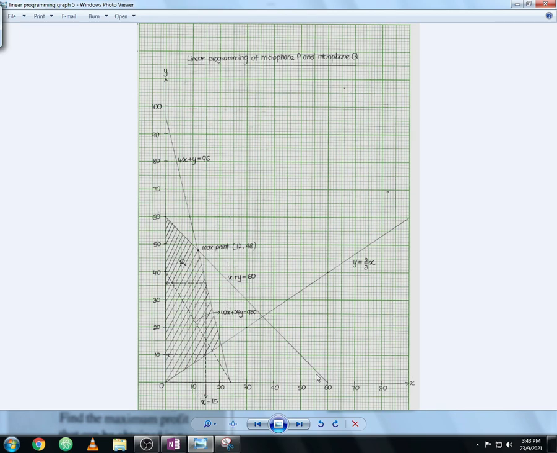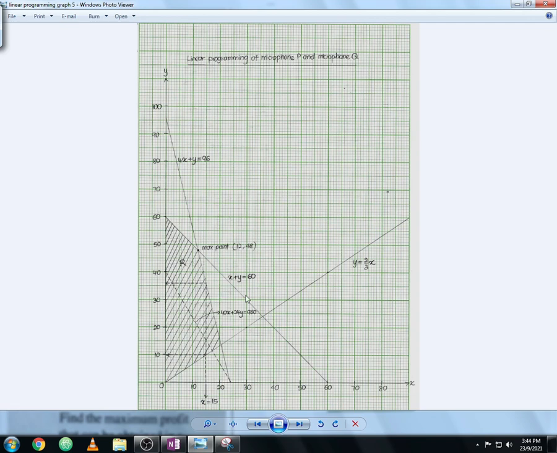Let us start with the first one, x plus y equals to 60, based on the constraint x plus y less than equal to 60. For the first step, you plot the straight line first, and later on you focus on the shading.